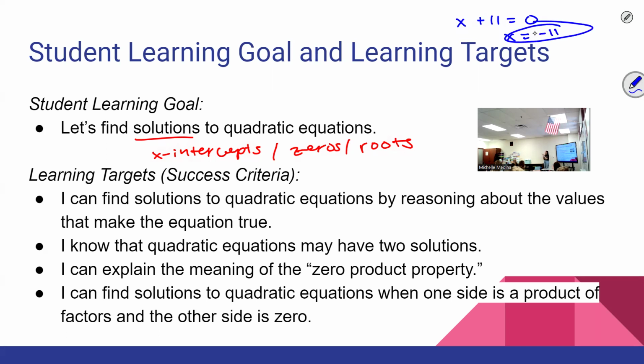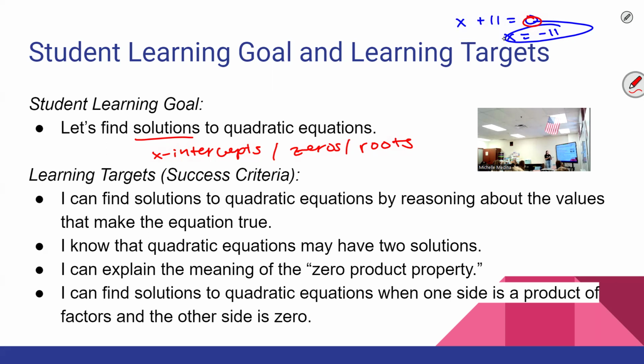So that would be guess and check, what you guys just did. If this is x plus 11 equals 0, the solution is the value for the variable that makes it true. A common mistake is kids think that this is the solution, what it's equal to. No, it's the value for the variable that makes it true. If it's x plus 11 equals 0, x would have to be -11. But be able to do that by reasoning.